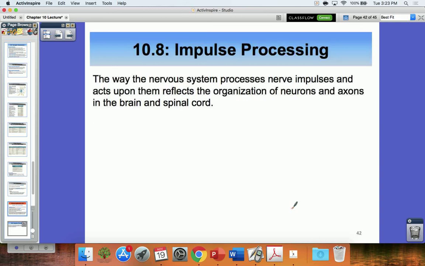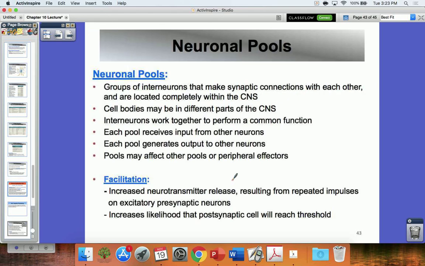The last little section is about impulse processing and just a few slides, kind of how they work together. So we also have neural pools. Again, remember I said that neurons do not just work independently of each other. We have groups of neurons, specifically interneurons, and they're going to connect with each other in the CNS, also different parts of the CNS to get the job done.